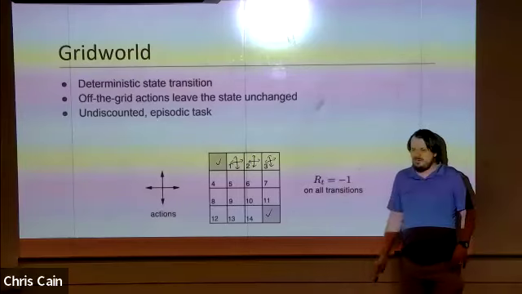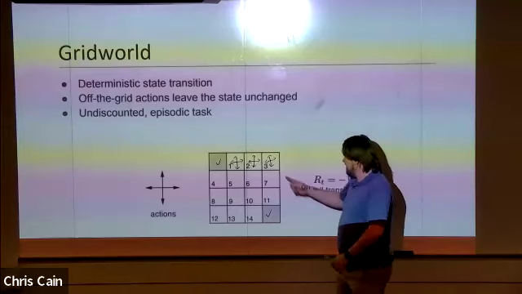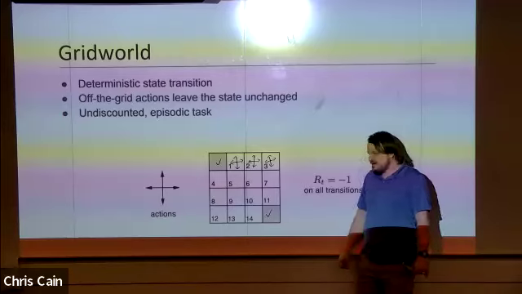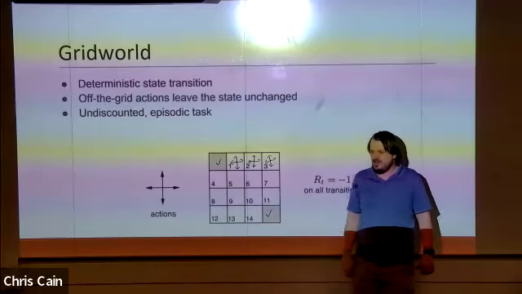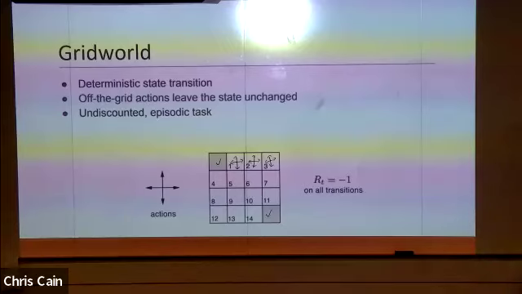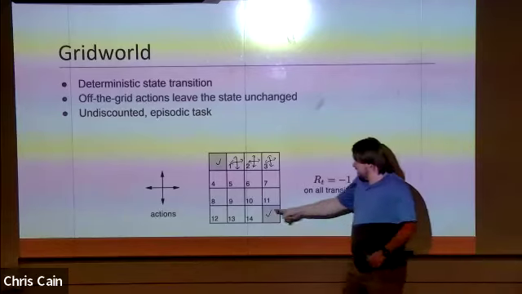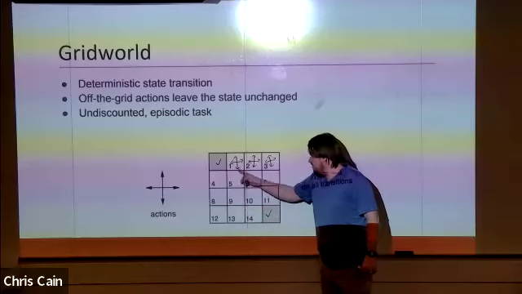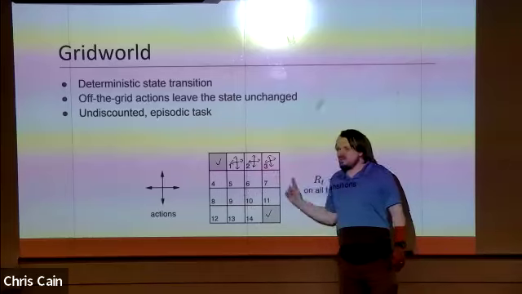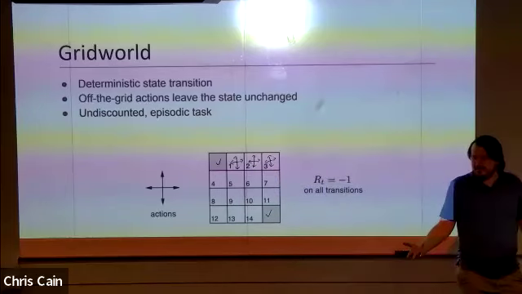According to this policy, how many moves would it take on average to get from 3 to a check mark? How many moves on average would it take to get from 9 to a check mark, according to that policy of moving randomly? Obviously, the optimal policy here would be to go 1, 2, 3, or 1, 2, 3. So you could get there in 3 moves. But if you were using this policy, how many moves would it take?